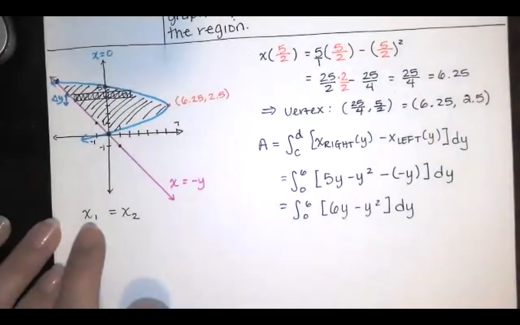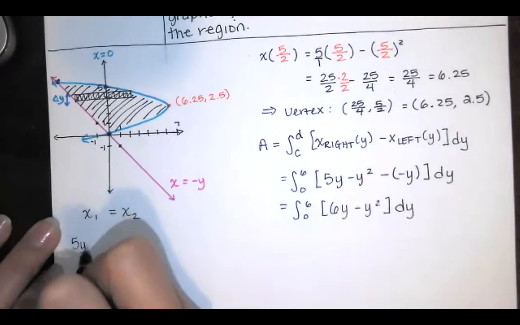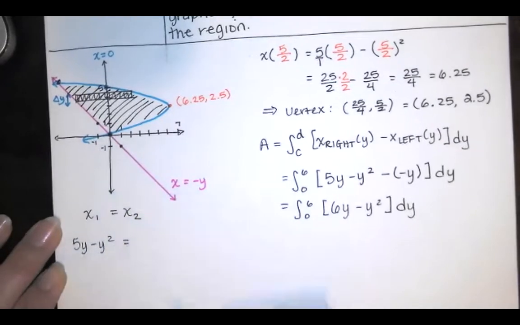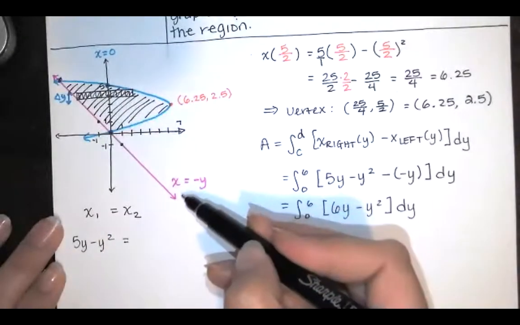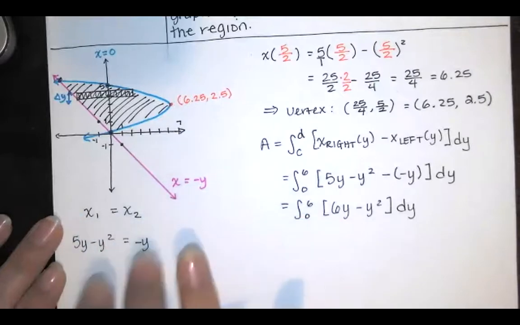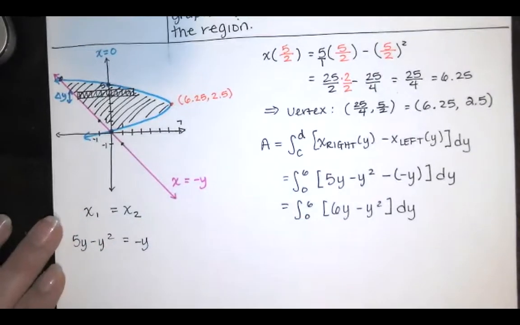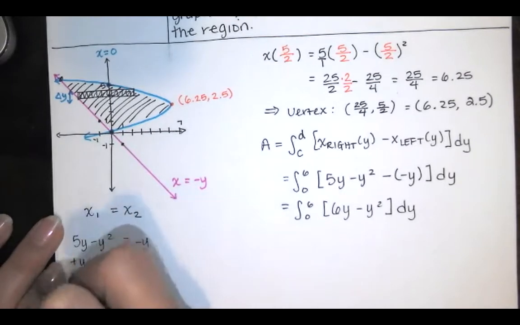So I'll take the x on the first function, which is given by 5y minus y squared after we distribute that y, and set that equal to x on the other function. Well, x is negative y on that function. Then we solve this quadratic equation for y. Since it's quadratic in y, I'd like to make one side equal to 0, so I'll add y to both sides.